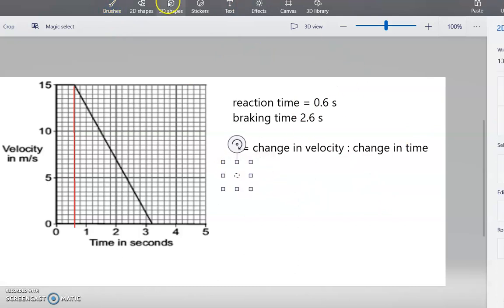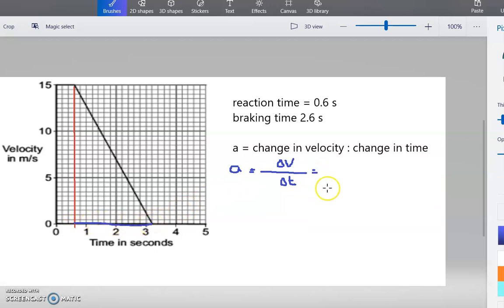So deceleration is change in velocity, delta v, divided by change in time, delta t. So time is this bit here, which is 2.6, and the final velocity is 0, the initial velocity is 15.